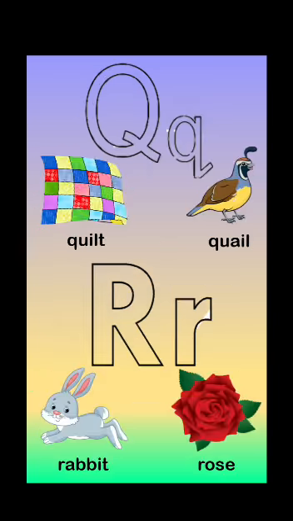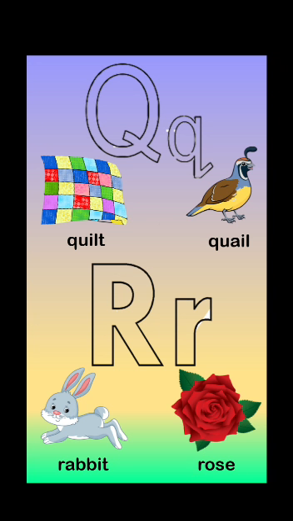P for pencil. The next letter is letter Q. What is the sound of letter Q? The sound of letter Q is qua. Q for quilt. Q for quail.